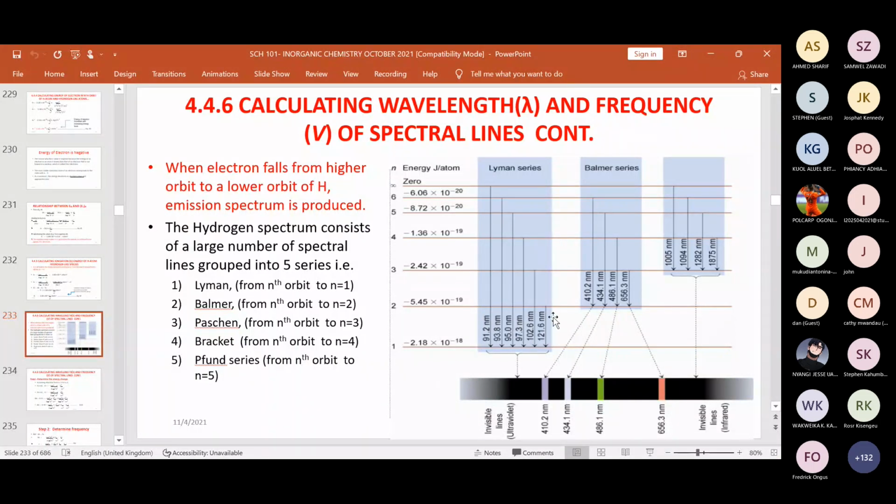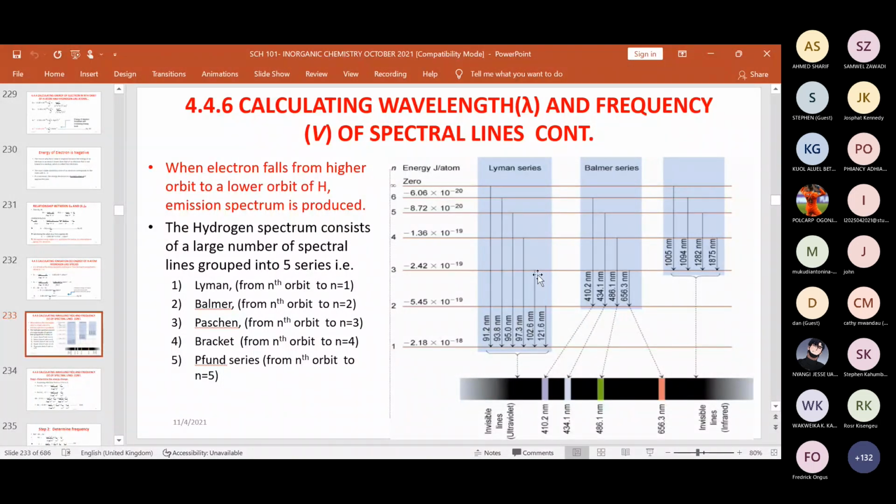When an electron moves from energy level 2 to energy level 1, you will see in the spectrum of hydrogen a wavelength of 121.6 nanometers.